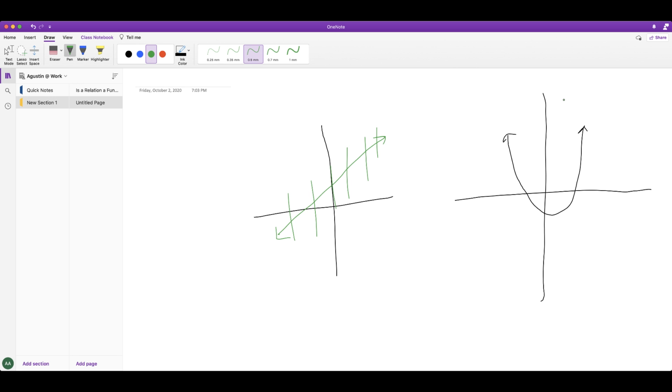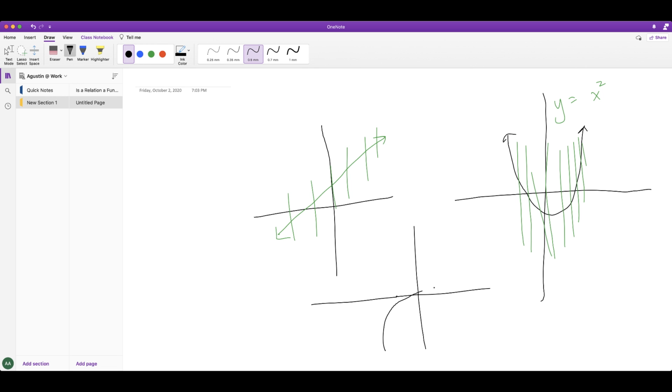So y equals x squared is the parent function. If I draw a straight vertical line, I'm only going to hit it once. x cubed looks like this, and that's also going to be a function.